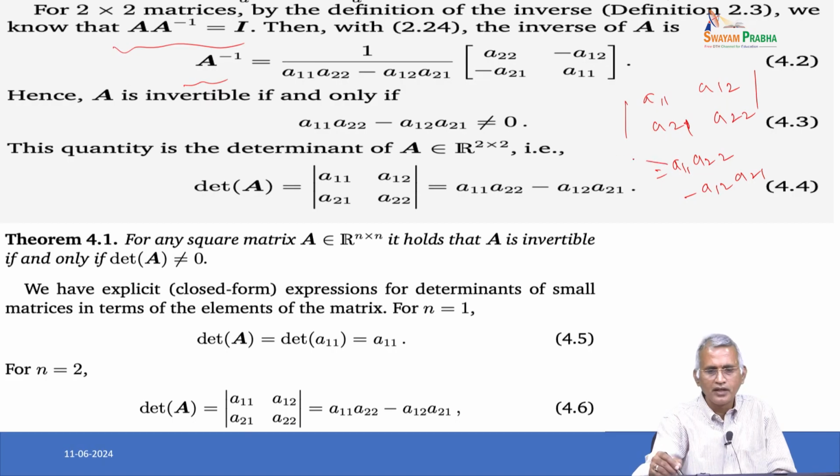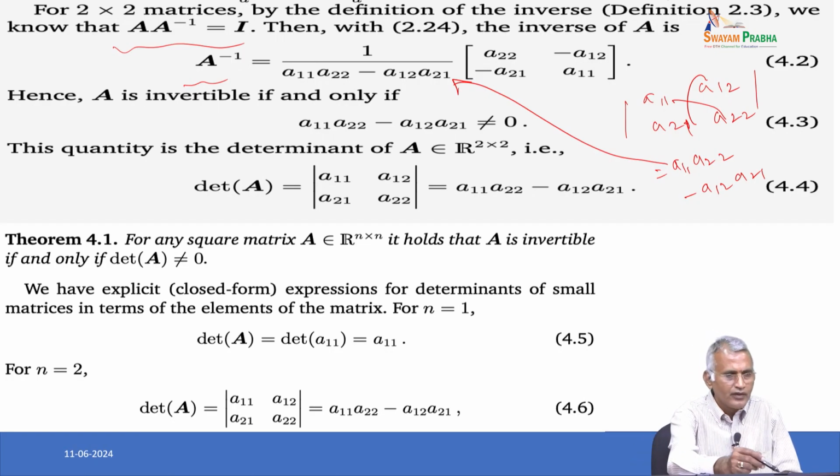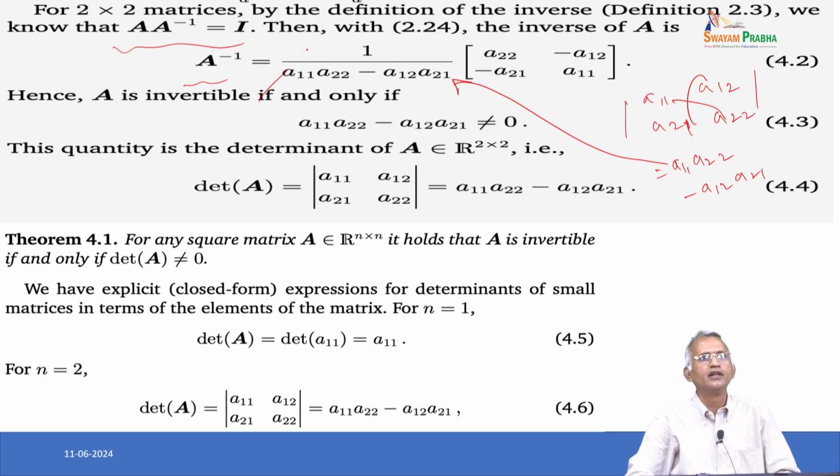For the inverse, change the places of the main diagonal entries and change the sign of the opposite diagonal. So, A is invertible if and only if the determinant is not equal to 0, that is, A11 A22 minus A12 into A21 is not equal to 0.